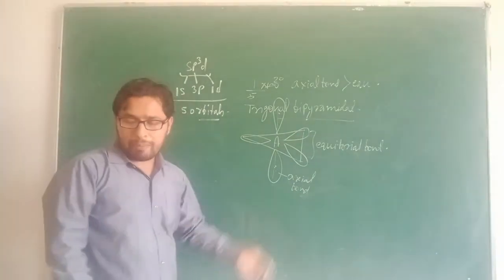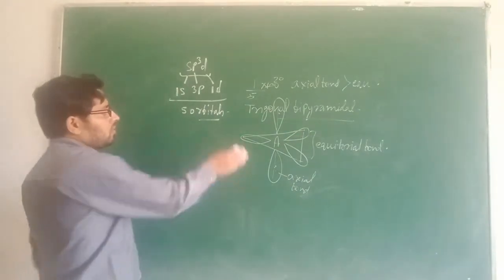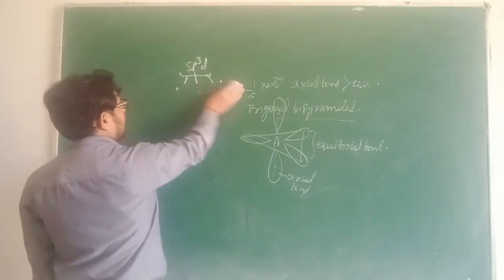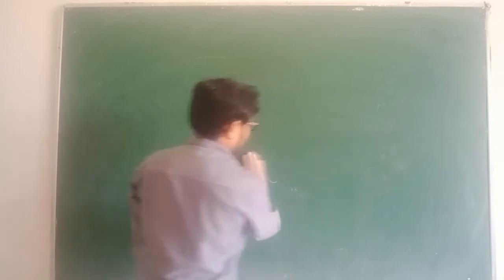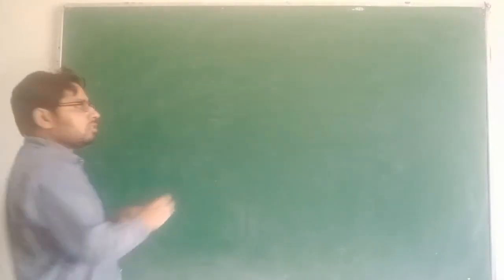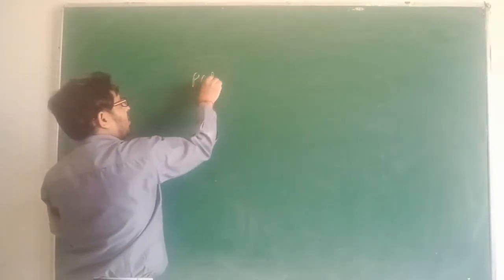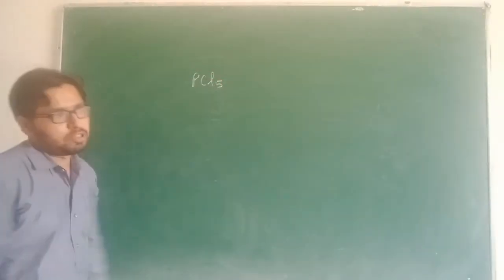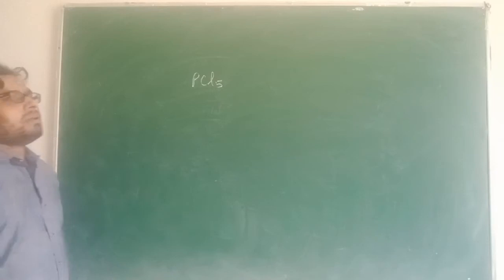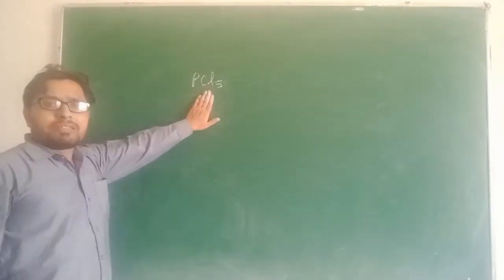Now the example I will discuss with you of trigonal bipyramidal or sp3d hybridization is PCl5. If you want to follow the same formula, there is no problem. How many atoms are bonded with the central atom?